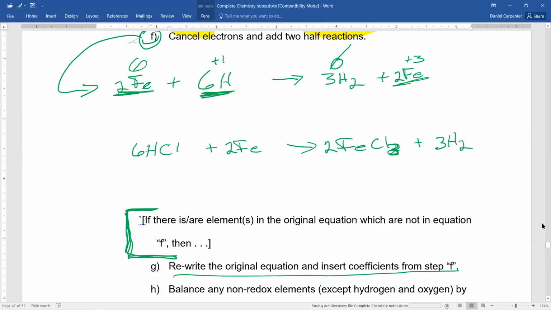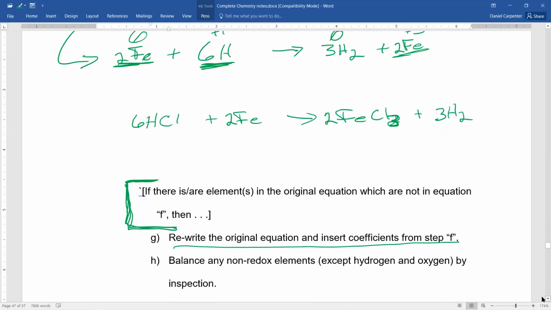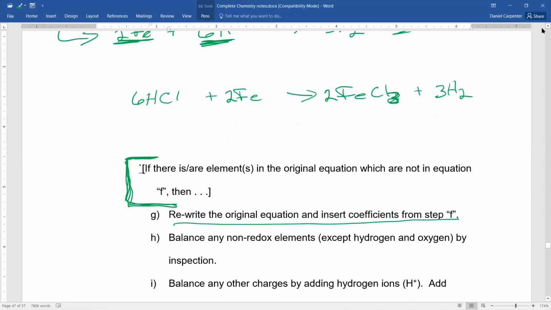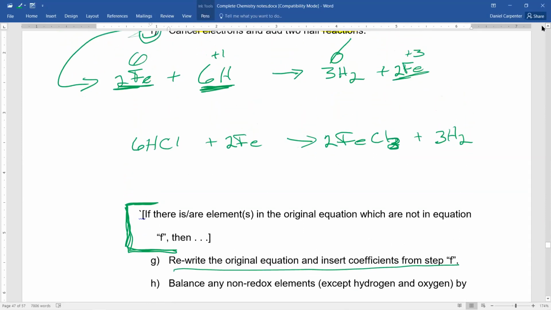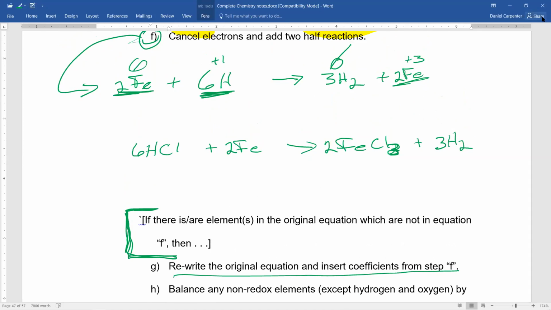Now, there are more steps. But I'm going to tell you that right now, those steps don't apply to this problem. It says balance any non-redox reactions. Well, we don't have anything else. And then it says balance hydrogen and oxygen, but we don't have any more oxygen and hydrogen other than what we already balanced.